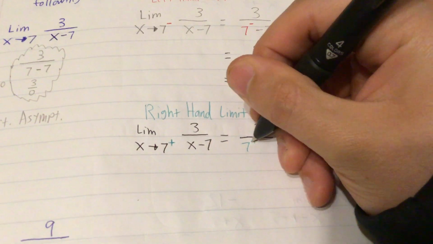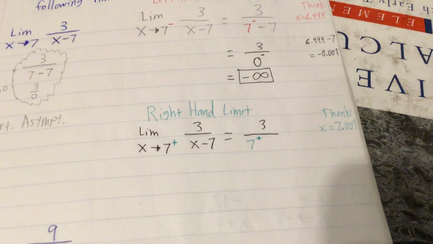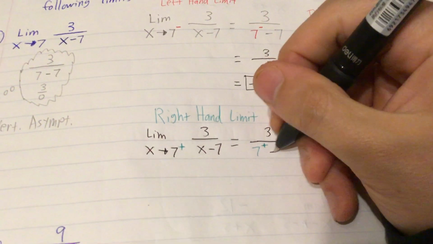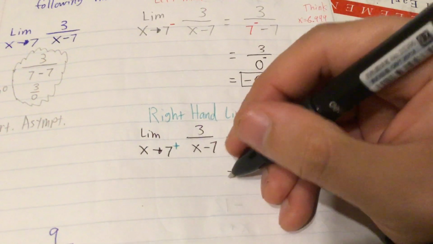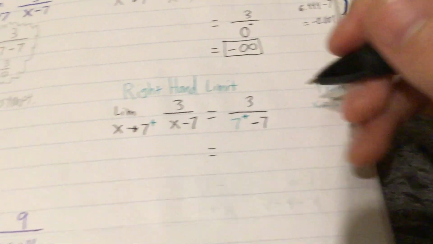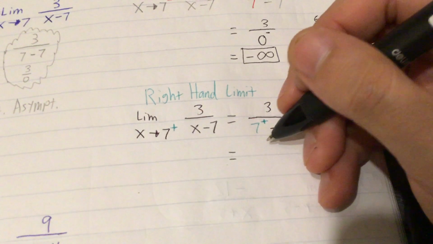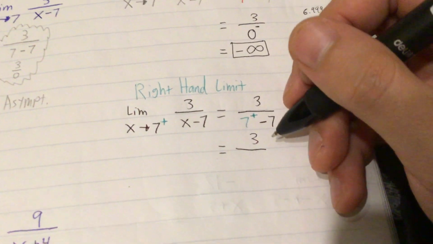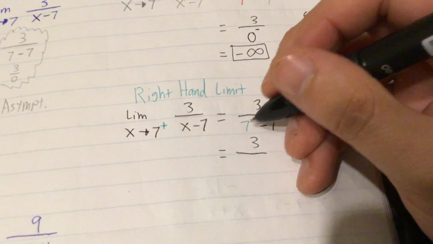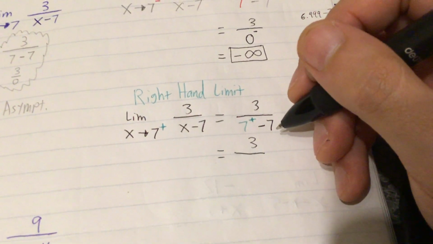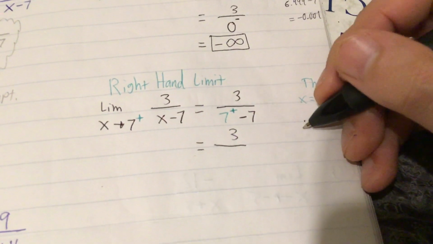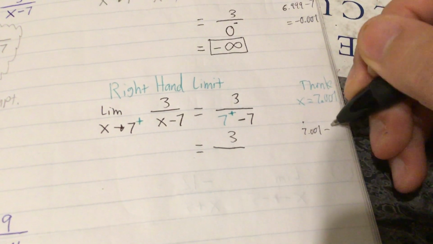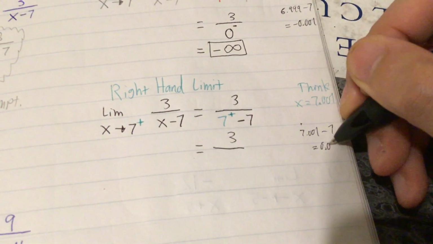All I'm doing is adding color. So 7 from the right side, remember, that's like 7.00001. A number so small, but to the right of 7. So what would 7 from the right side minus 7 be? 7.001 minus 7 would be like 0.001.